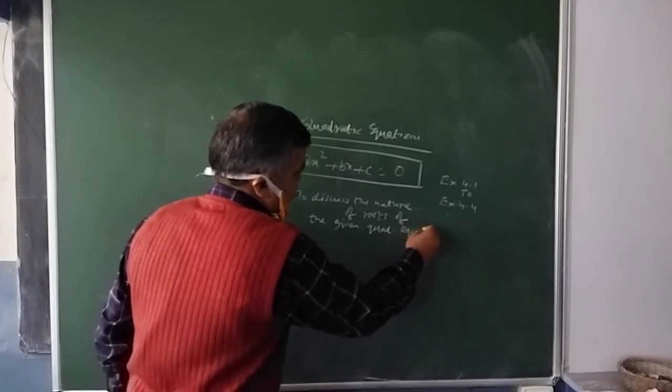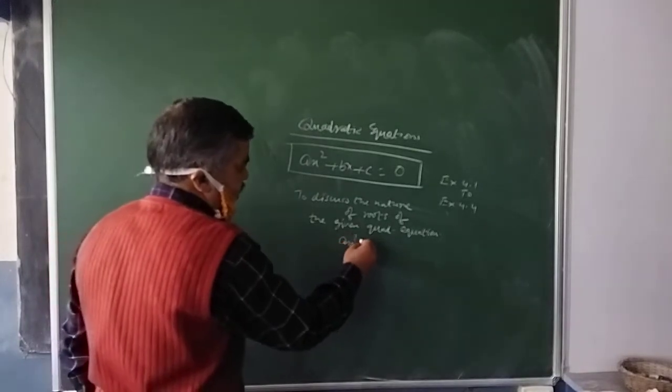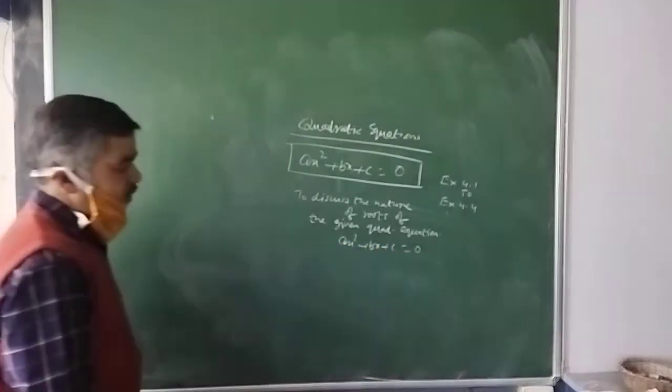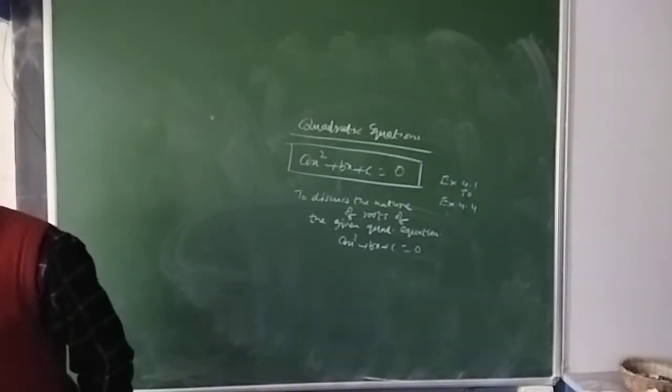Now the quadratic equation again given is ax square plus bx plus c is equal to 0. That will be the quadratic equation. And you have to discuss the nature of roots.